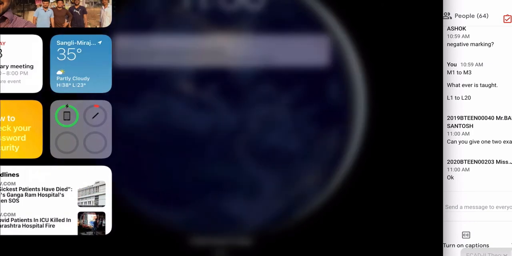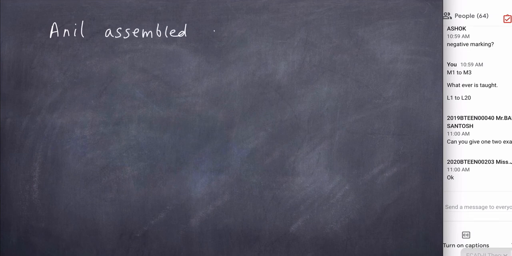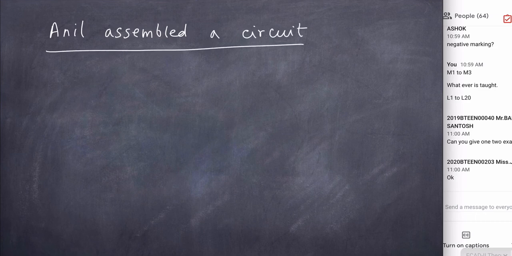So let us take an example. The question can be, say, Anil assembled a circuit. It's situation based. First thing is that a situation will be given to you.